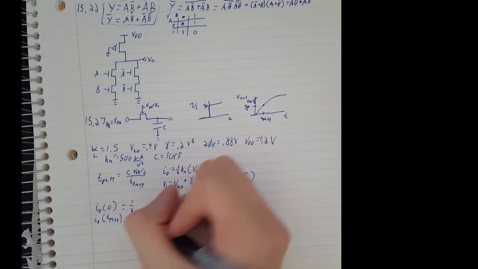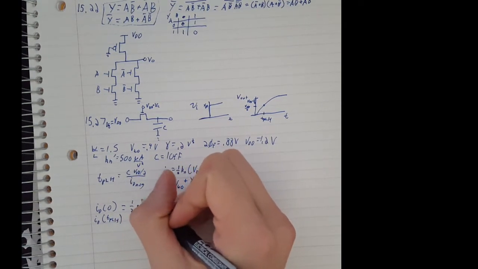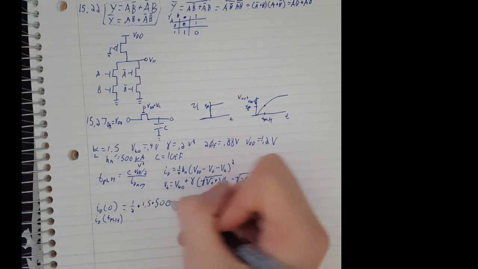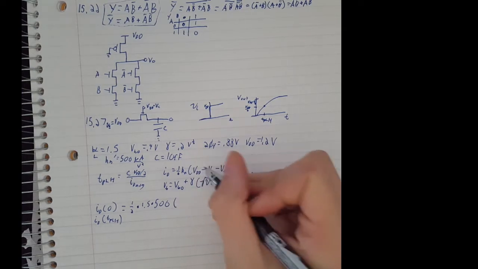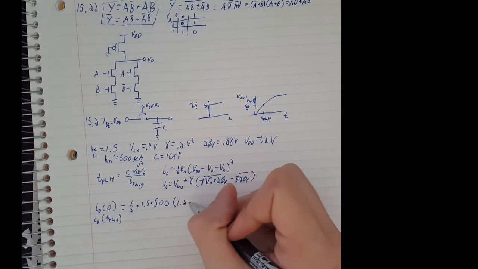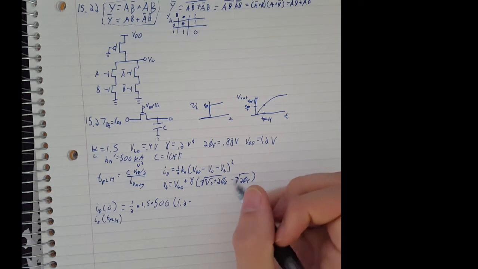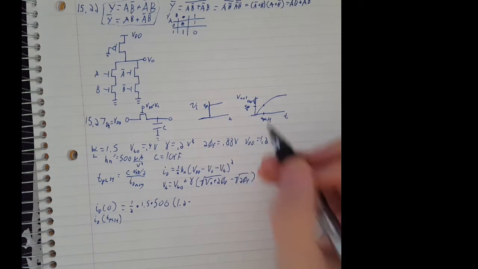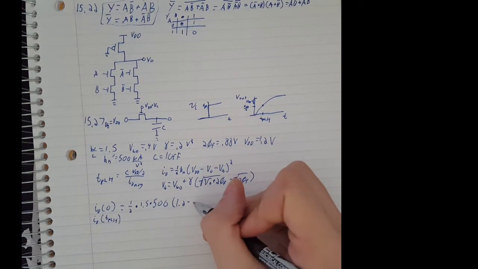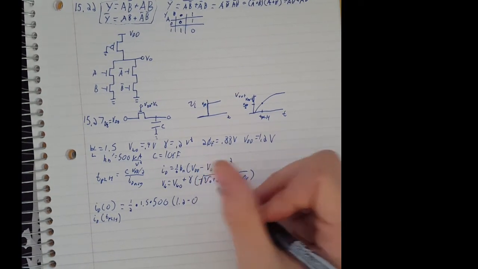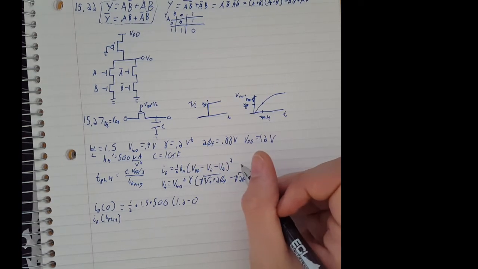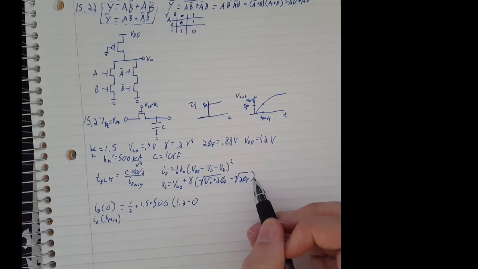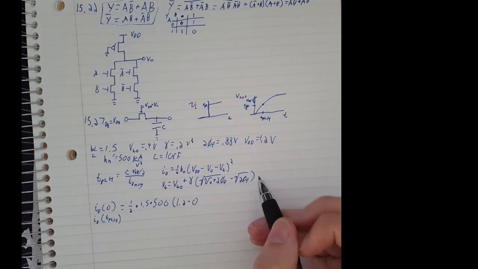So we're going to do ID at 0. Doing 1/2 times 1.5 times 500 times VDD is 1.2 minus, at time t equals 0, V naught equals 0, right? We got to find our VT here. And our VT here is just equal to VT naught.